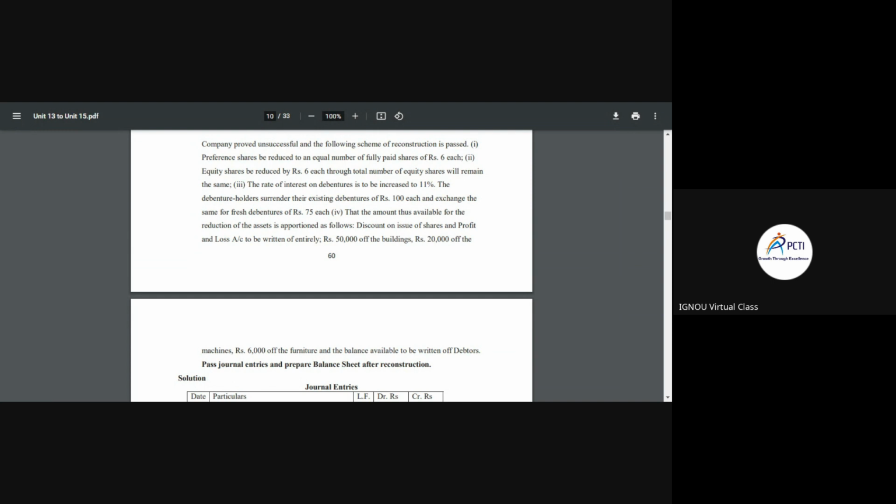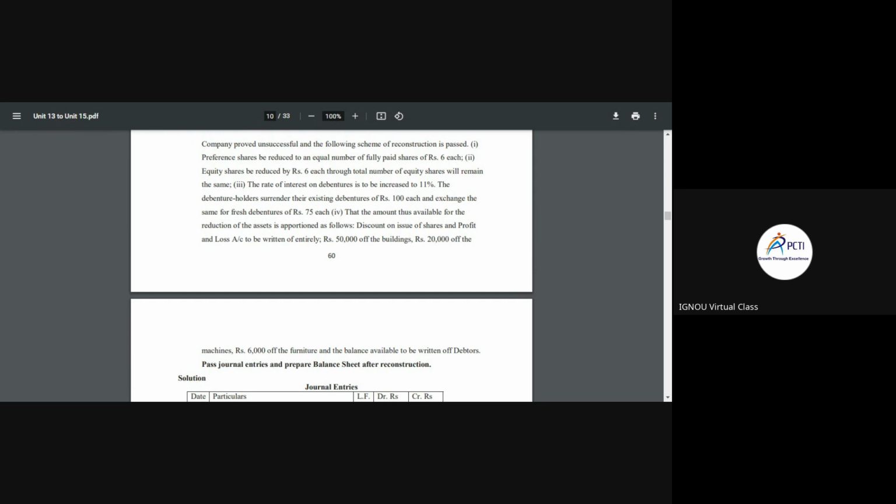Third point, they said to us the rate of interest on debentures is to be increased to 11%, and the debenture holders surrender their existing debentures of rupees 100 each and exchange the same for fresh debentures of rupees 75 each.